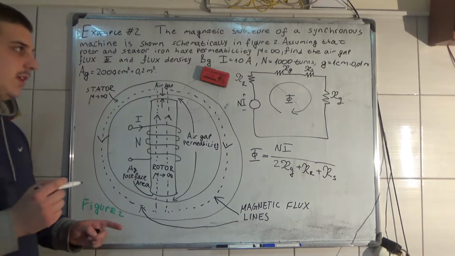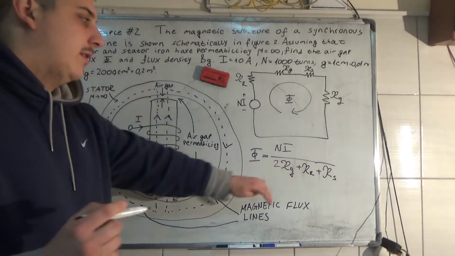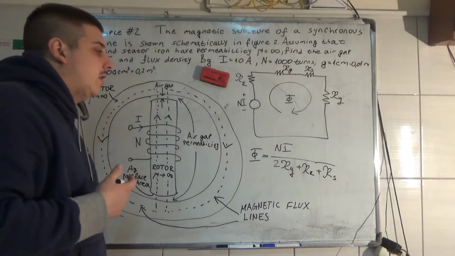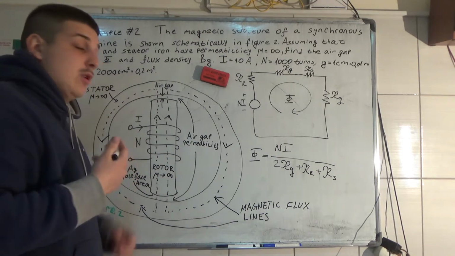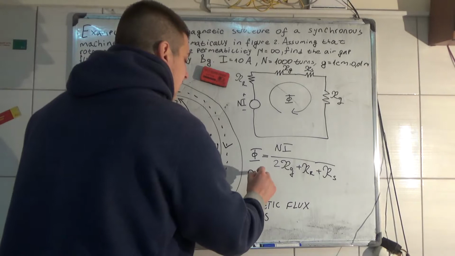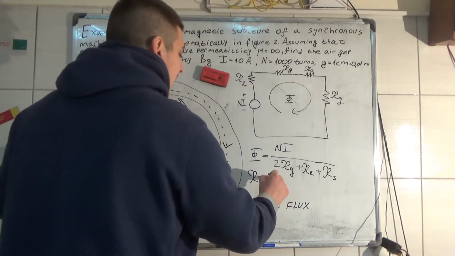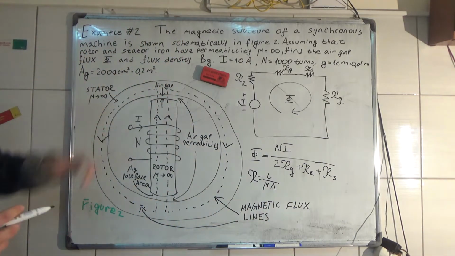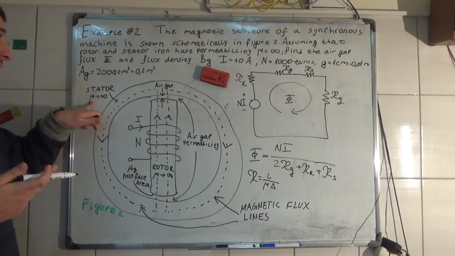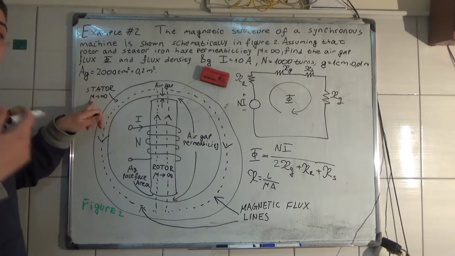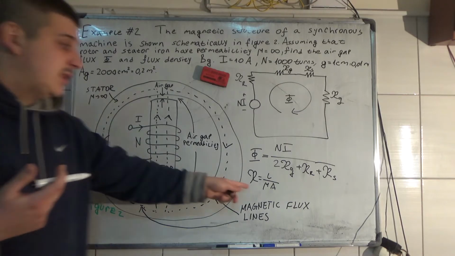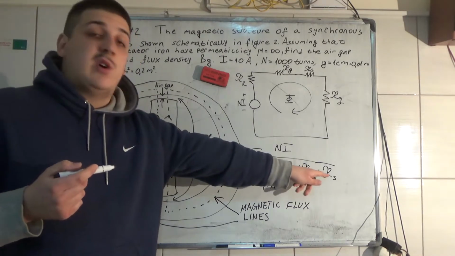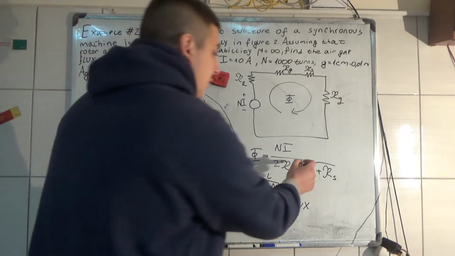But if you remember the basic formula for reluctance, it is equal to the length divided by the permeability times the area. So if we assume that the stator and rotor have permeability of infinity, this becomes 0. So the reluctance of the rotor and the reluctance of the stator is equal to 0, so we don't write it.